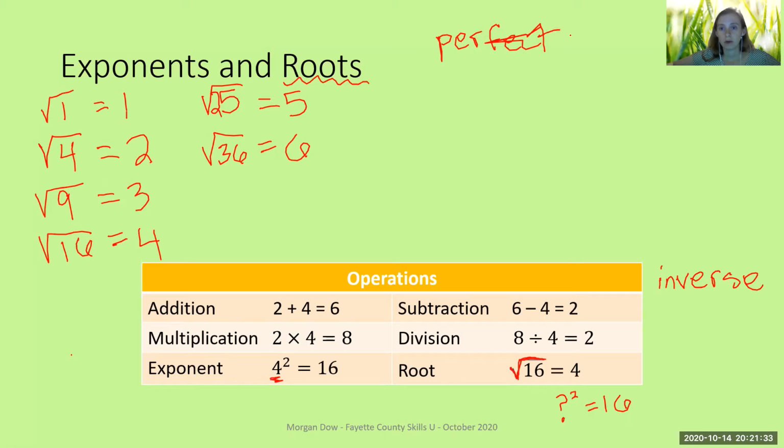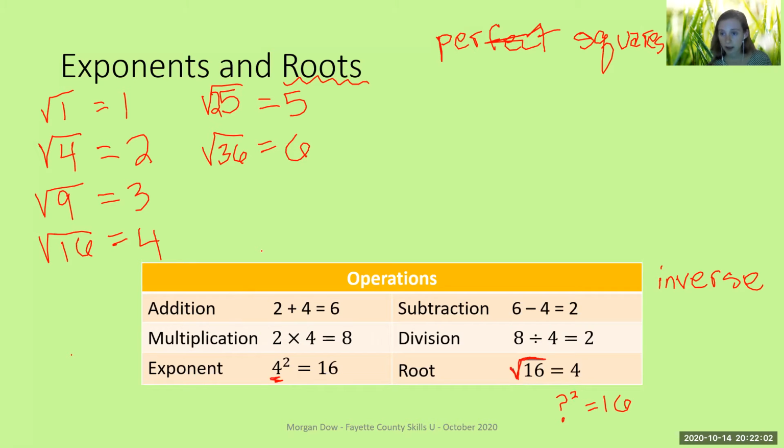Perfect squares. A perfect square is a number whose square root is a whole number. And perfect squares are things that really just depend on your knowledge of your times tables, right? So if you know that 6 times 6 is 36, you should be able to figure out what the square root of 36 is.